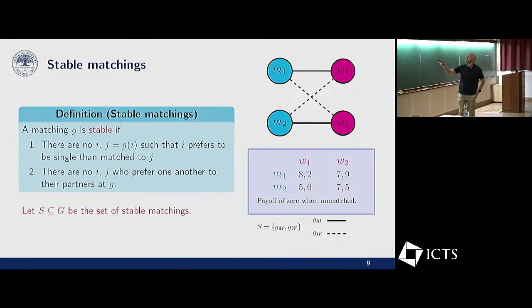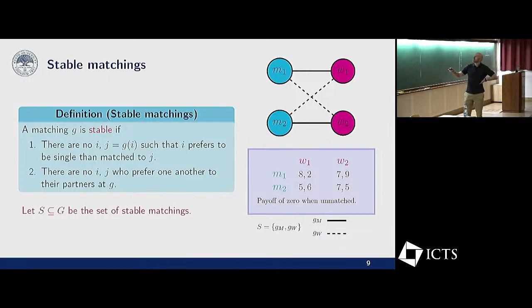So in this example on the right, there are two stable matchings, which I've drawn here by different types of line. One of the stable matchings is when M1 is matched to W1 and M2 is matched to W2. So you're getting these payoffs. Now, nobody wants to leave their partner to become unmatched because they get a payoff of 0.